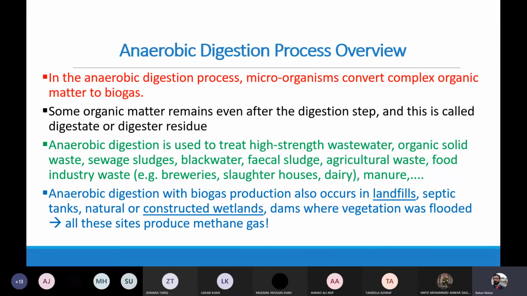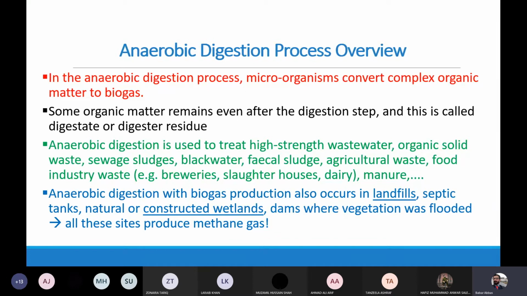High strength wastewater is produced from, for example, your sugar mills, your dairy industry, and many other industrial setups. Organic solid waste, sewage sludge, black water, fecal sludge, agricultural waste, food industry waste, etc. For example, breweries, slaughterhouses, dairy, and manure.